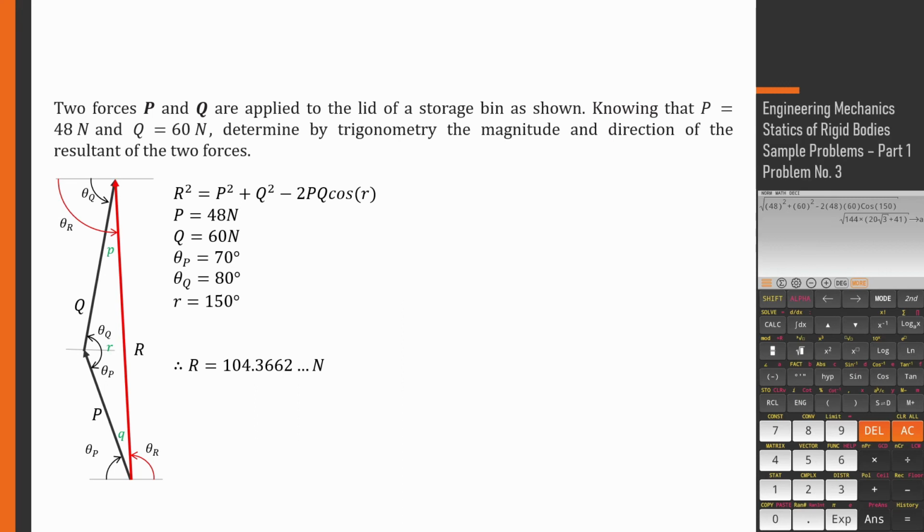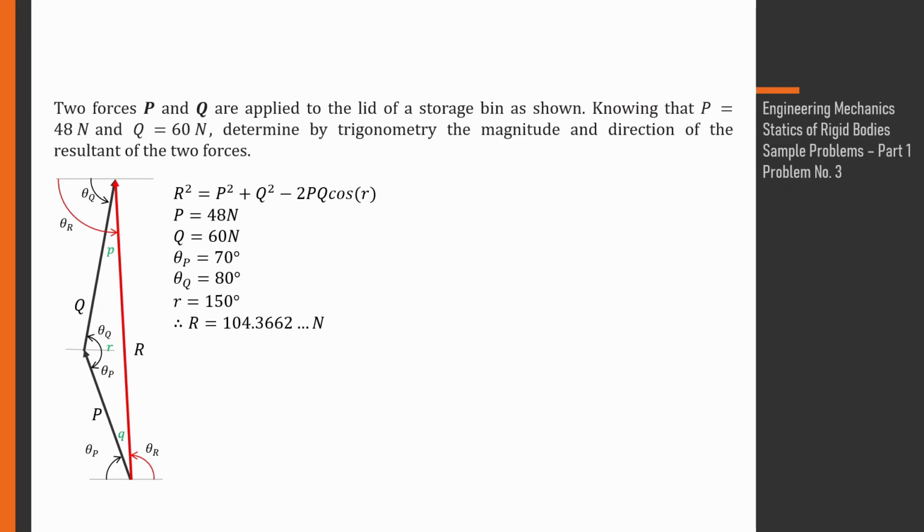So for the direction, we have theta R. In choosing for the direction, we must have an answer which is less than 90 degrees. So theta R is equal to 180 minus theta P plus Q. Theta P we have solved earlier, so 70 degrees. And then for Q, we can use the law of sine. So Q over sine angle Q is equal to R over sine angle R. Multiply both sides by sine Q and sine R and just switch this position.